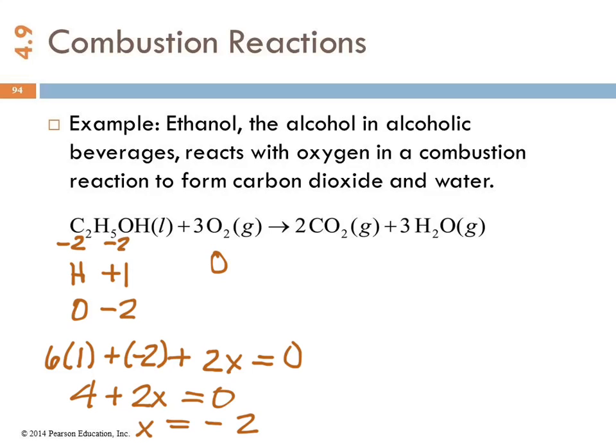And this was minus 2, and this was plus 1. These guys are the same as they were on the previous slide. The oxygens are minus 2, the hydrogen is plus 1, and this carbon is plus 4. Sorry, yes, thank you, plus 4. Just missed the little vertical line.